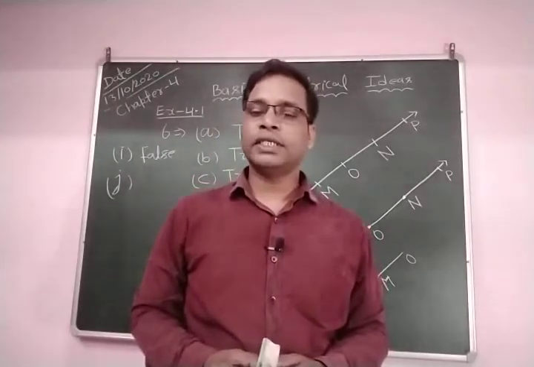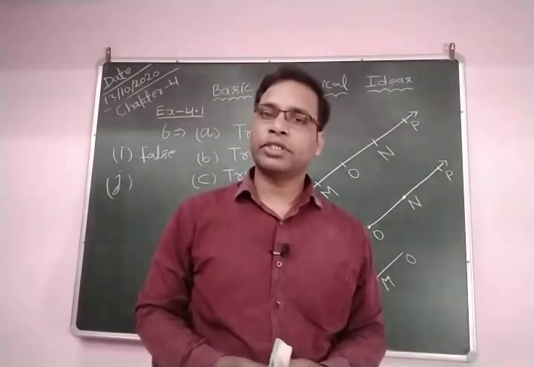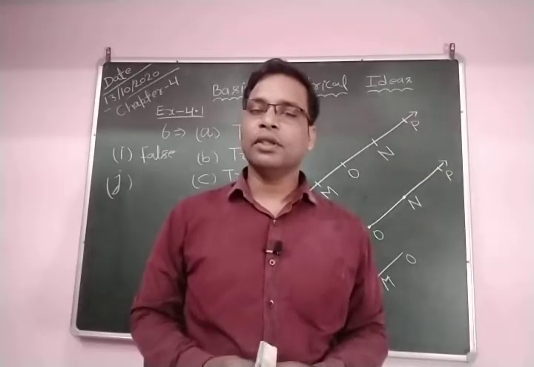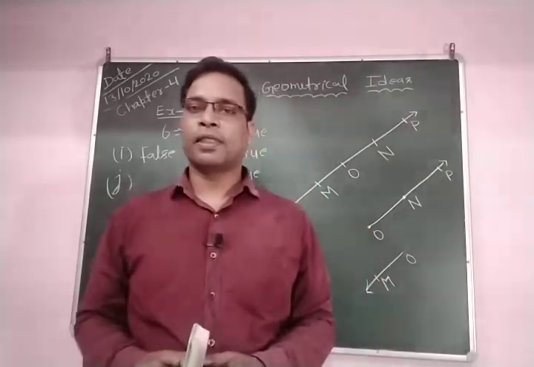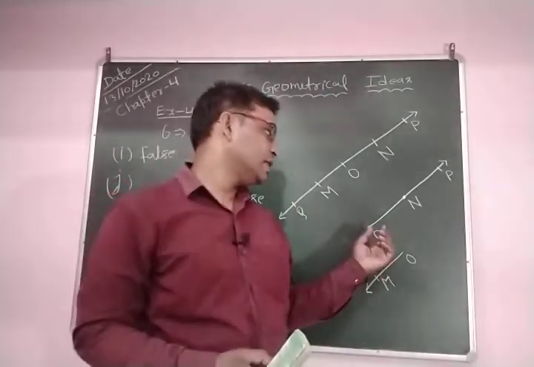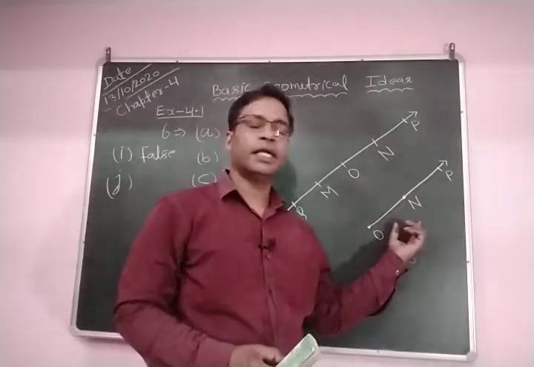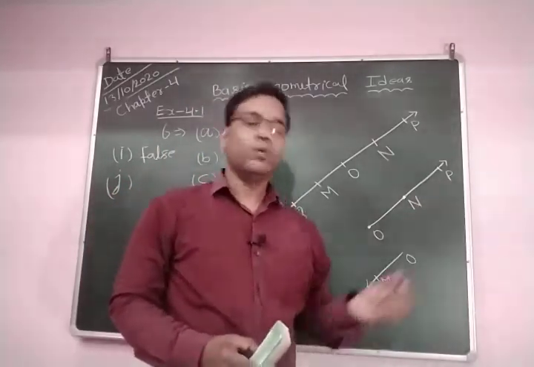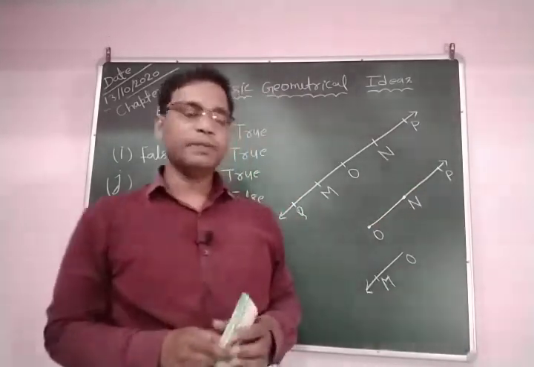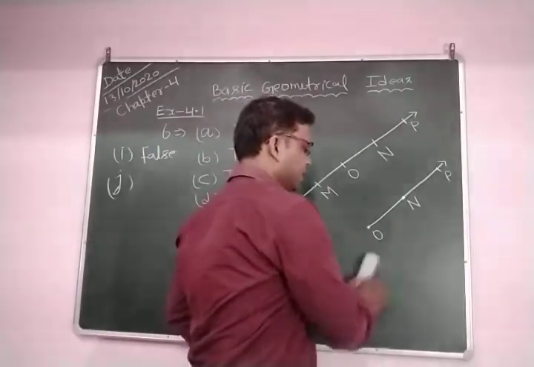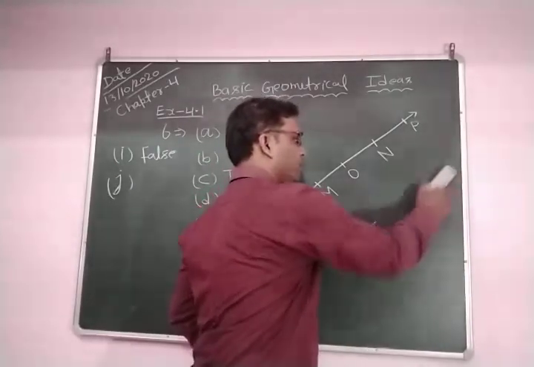Next statement of this question number 6 is that O is not an initial point of OP. So you can see here, this is ray OP. O is the initial point of this ray OP, but our statement says that O is not the initial point of ray OP.